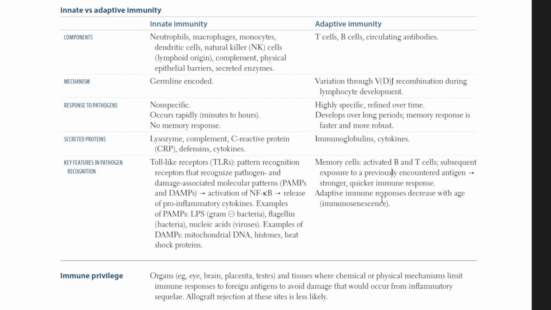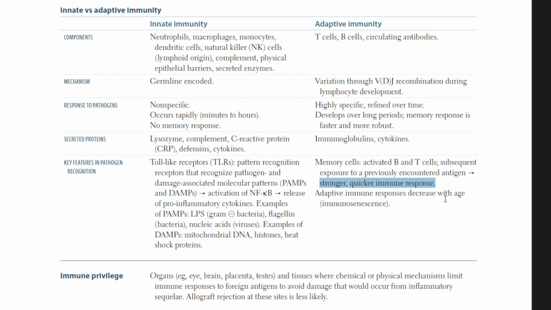Let's say you touch some kind of plant in the woods and you don't get any reaction, but two or three months later you touch the same leaf, the same plant, and you have a big reaction. That's because you have memory cells, activated B and T cells, and on subsequent exposure to a previously encountered antigen, they give you a stronger and quicker immune response.